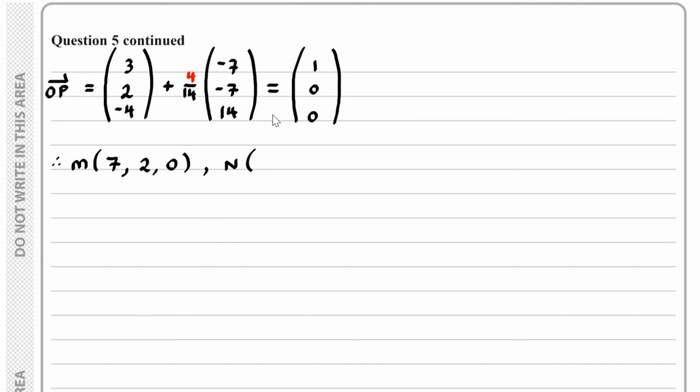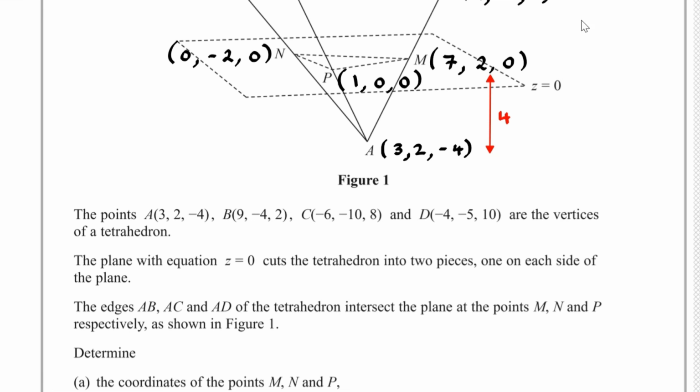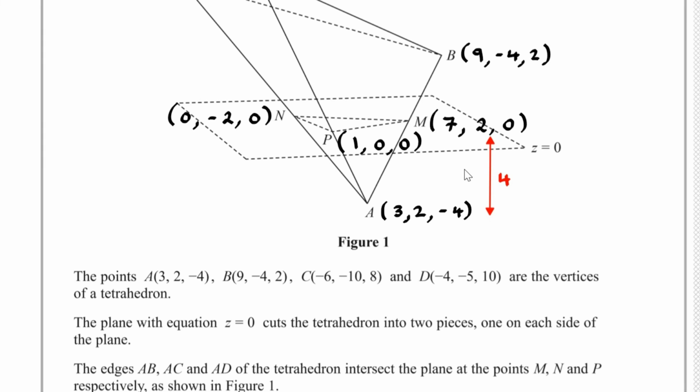N, we've got coordinates 0, -2, 0, and P having coordinates 1, 0, 0. So what we'll do is we'll add these to the diagram. So we've added on those coordinates.